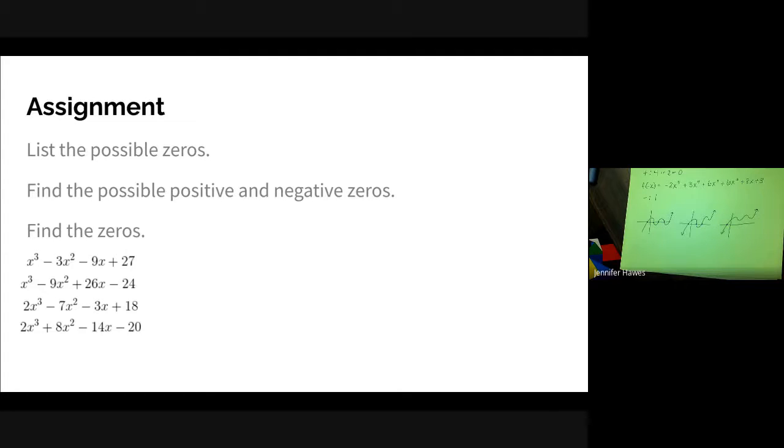So you're going to do these 4 problems. The first thing you're going to do is make your list, your P over Q. The second thing you're going to do is the counting signs, so find the possible positive and negative zeros. And then the last thing is what you did yesterday. You are going to find the zeros. So when you get to that part, look at your list that you created, find one that works, use synthetic division, and then factor it.